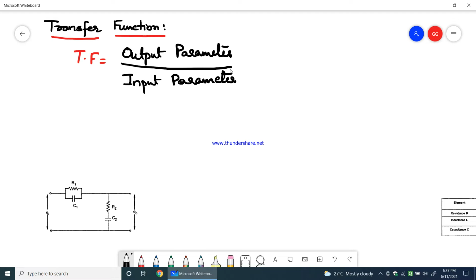If you measure the ratio, which is a mathematical expression where you find the output divided by input, this will normally give you a gain parameter. For any electrical circuit we have voltage gain and current gain, which is what we normally calculate in amplifier circuits.